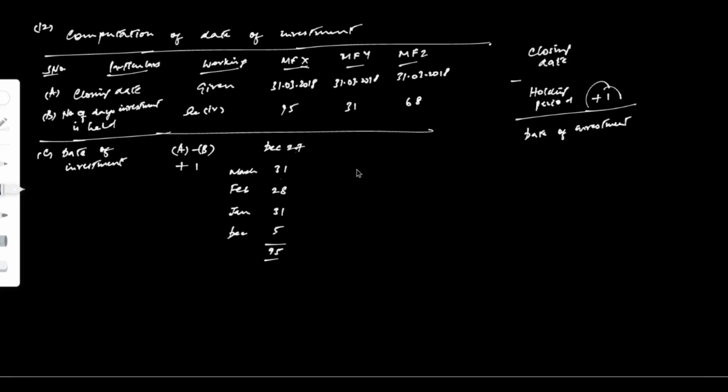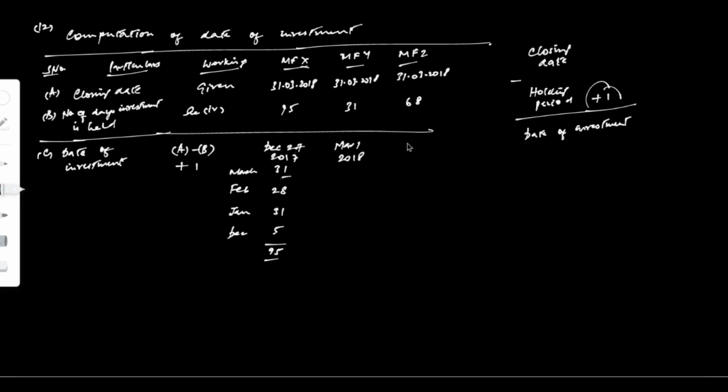Similarly, it is only 31 days, right? So March we have 31. So it will be Feb 28 plus 1, that is March 1. We have March 31. So 31 minus 31, it will be 0. So it will be Feb 28 plus 1 is March 1, 2018.